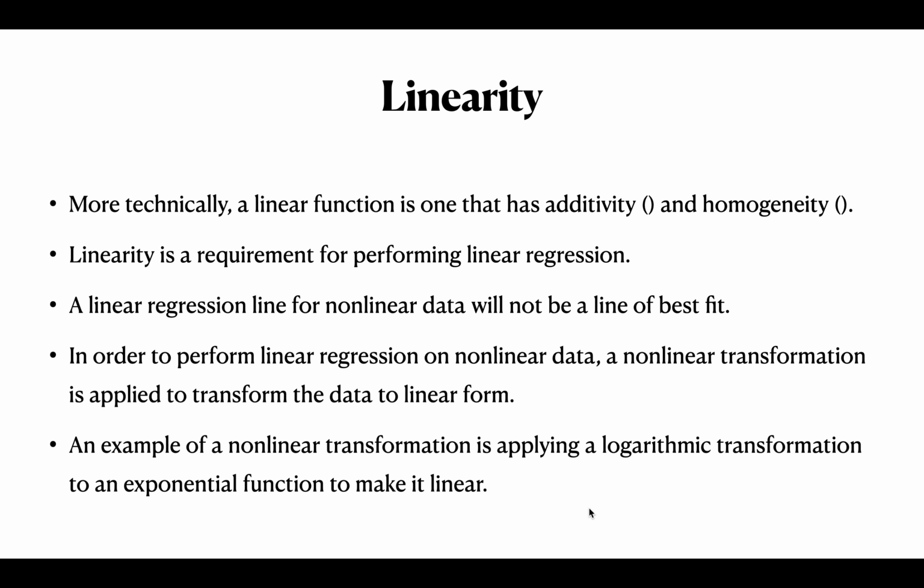So technically, if we want to see whether my data is linear or not, a linear function always has these two properties. First one is additivity and second one is homogeneity. Additivity means, let's say I have two functions, f(x) and f(y), and both make linear equations.